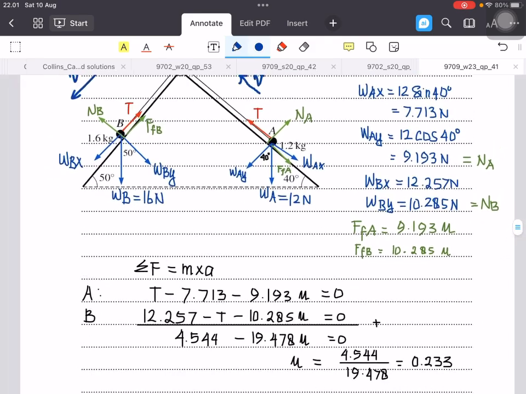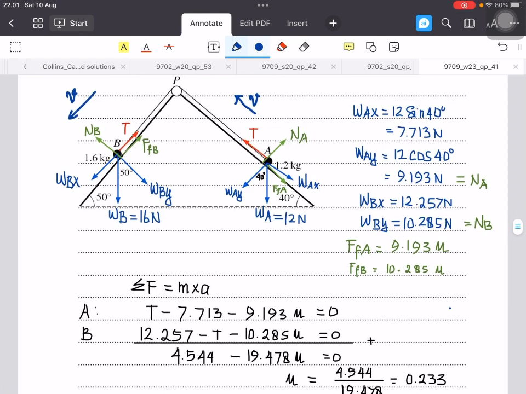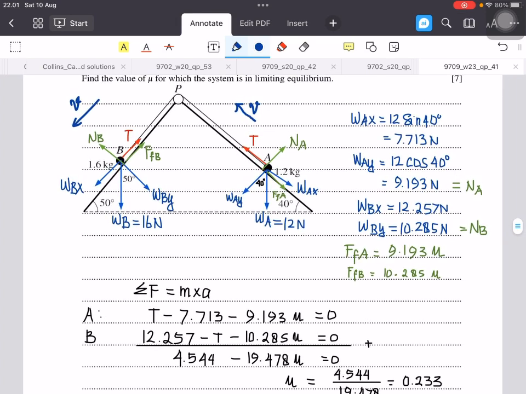After that, we will apply Newton's second law for both particles. Sigma F is equal to m times a. First, for particle A, the equation: tension minus WAX minus friction force.